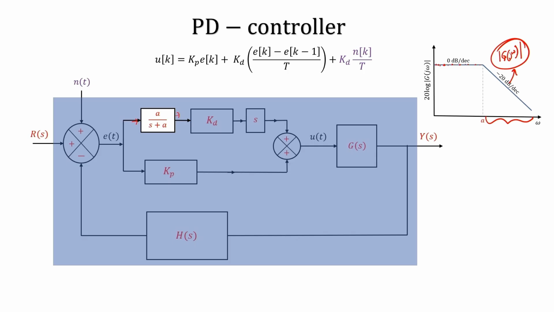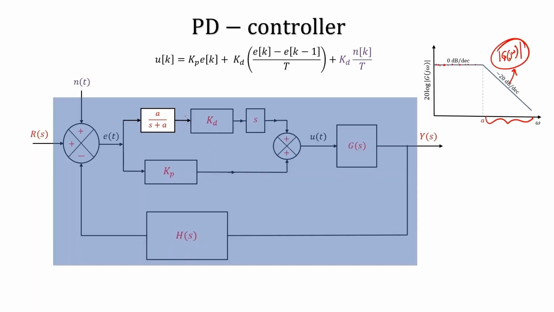That is why these types of systems are also called low pass filters, because they allow lower frequencies to pass through without attenuation, and they highly attenuate the higher frequencies. Now, how does it help us? It helps us because noise is in general a high frequency signal.